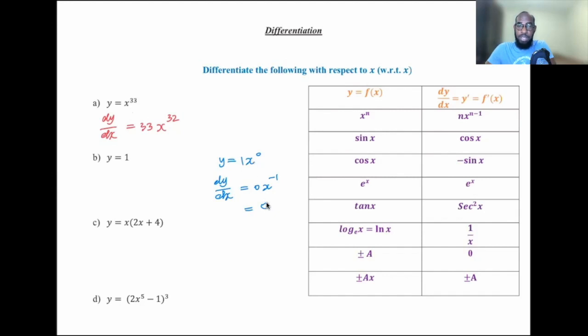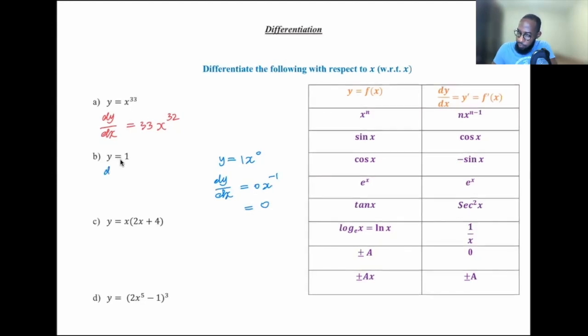When you differentiate that, you get 0. So you don't have to do all of this working. Anytime you see y equals a constant, just put 0. That's the answer, dy dx is equal to 0. So I would write here dy over dx is equal to 0. This is my y here.